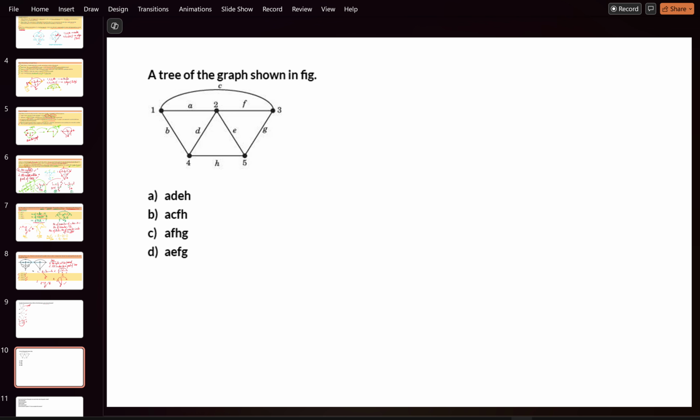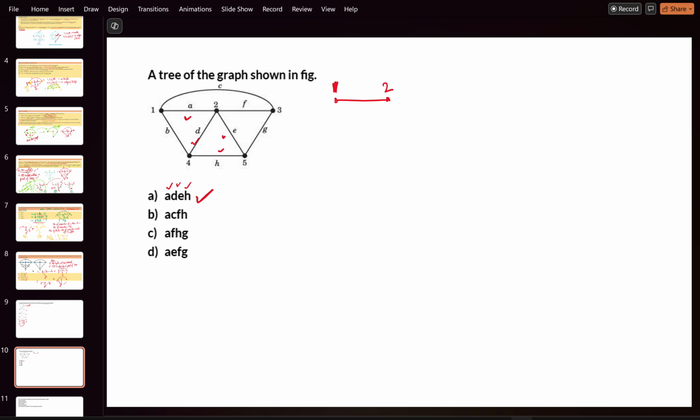So the basic definition of a tree has these criteria: no cycle will be formed, and the second thing is that all nodes should be a part of that graph, a subgraph basically. So let's see the first option, ADEH. Okay, the question is that you have to tell me which subgraph formed by including these branches can be called a tree.